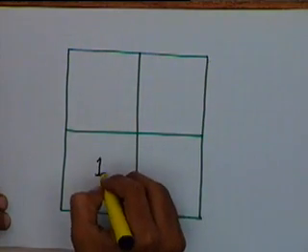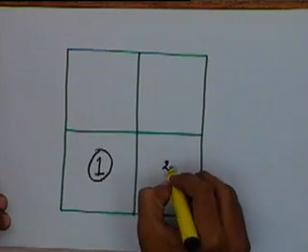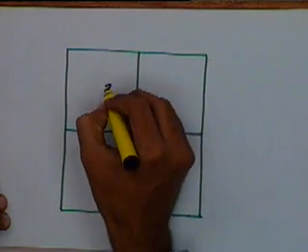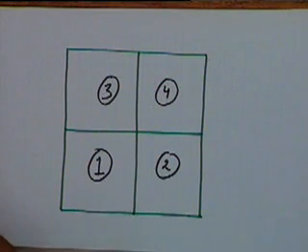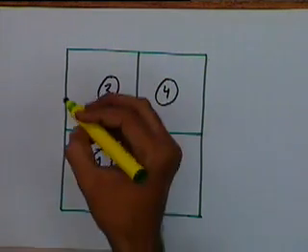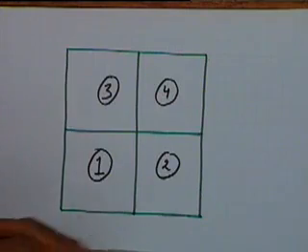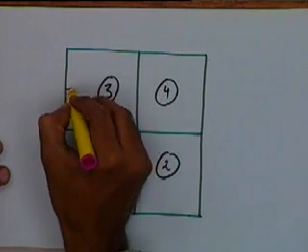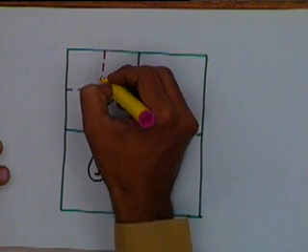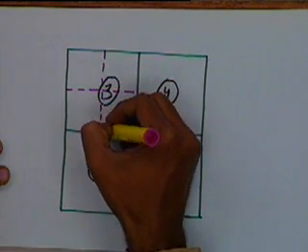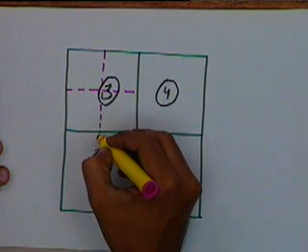Let us say this is number 1, 2, 3 and this is 4. Then maybe we decide that we will have a mesh density of 2 by 2 here and higher density here.